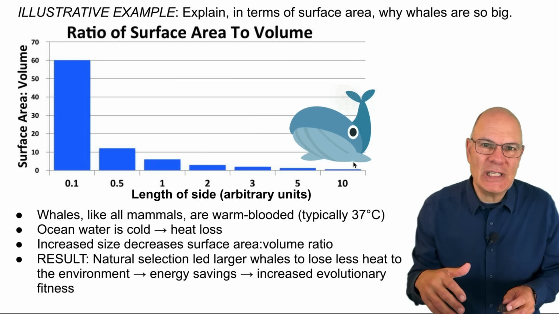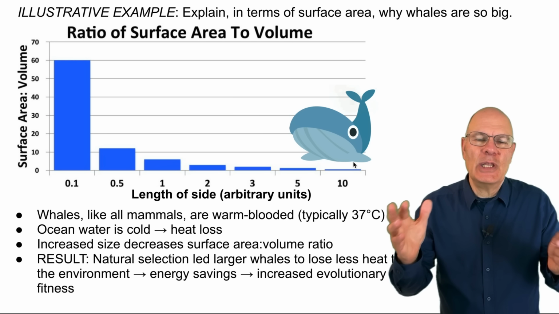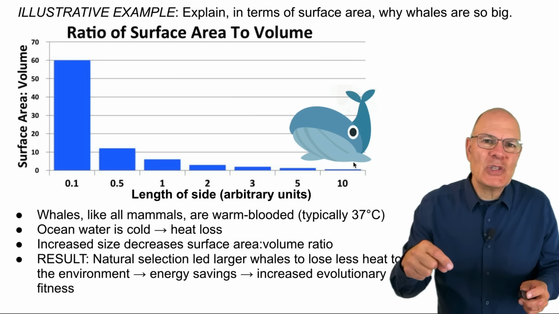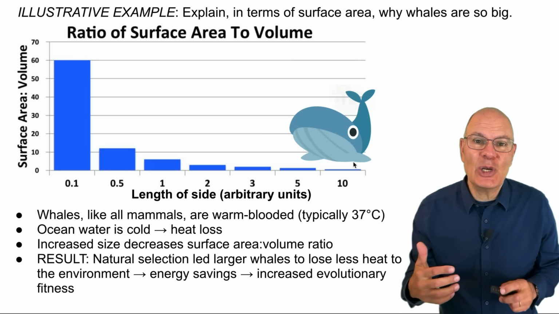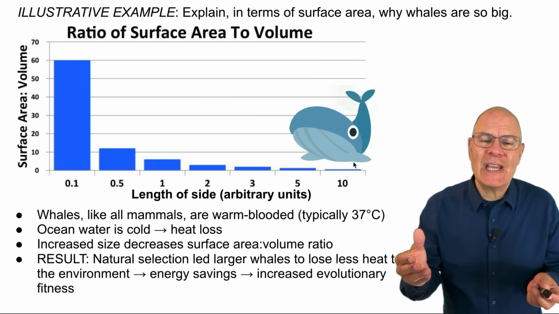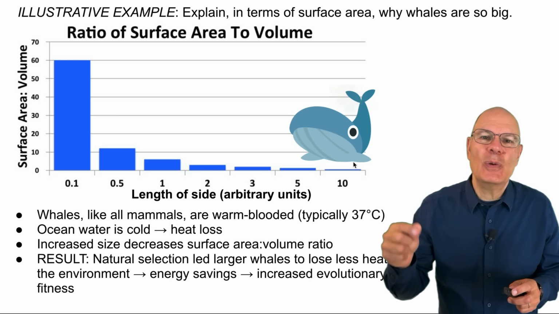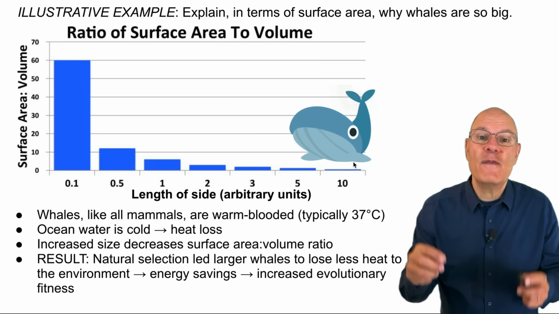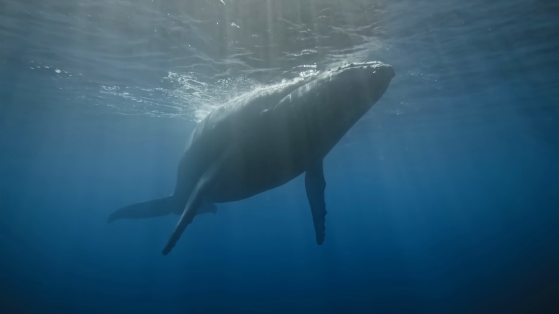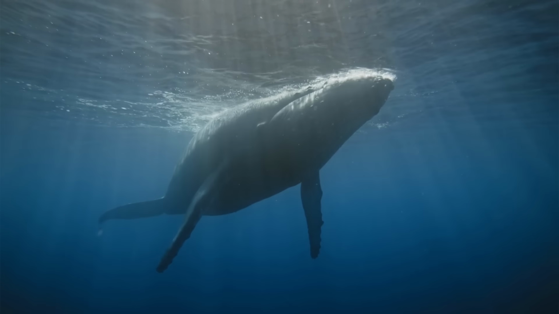That led to energy savings. And what that means is that instead of heat being radiated into the environment, the whales could use that energy that they took in the form of food to grow, to reproduce, and that meant that increased size led to increased evolutionary fitness. This is why whales have evolved to be the largest animals ever.